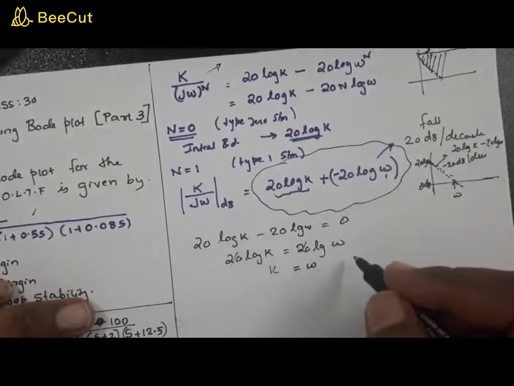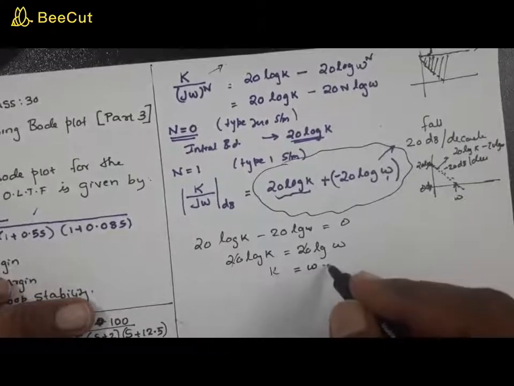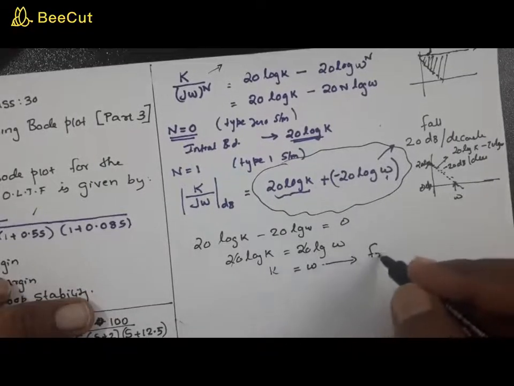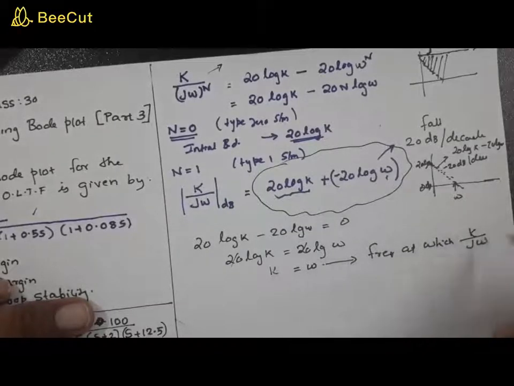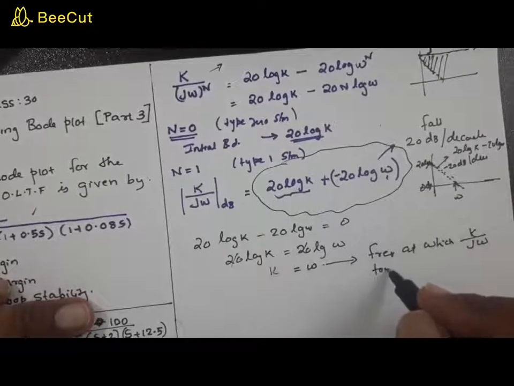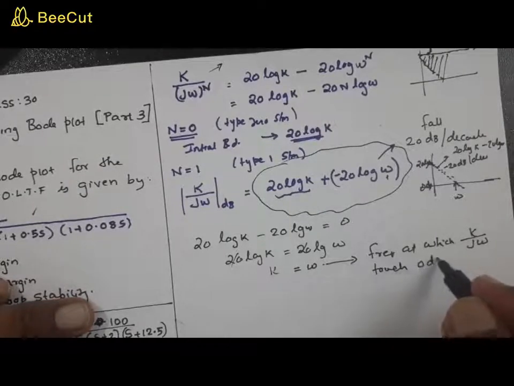This is actually the frequency at which k by j omega touches the 0 dB line.